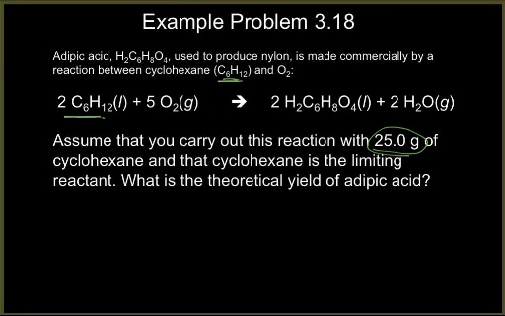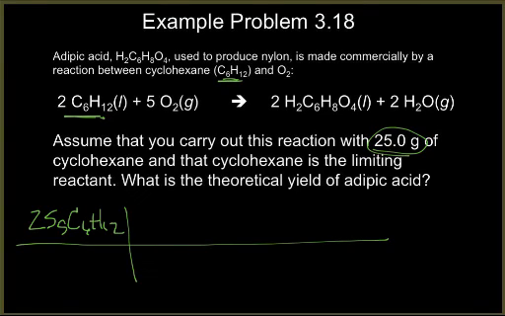Okay, so to do that, I'm going to do a stoichiometry problem. So I'm going to start with 25 grams of C6H12. I'm going to convert that to moles of C6H12. And the molar mass of that is 84.18 grams.